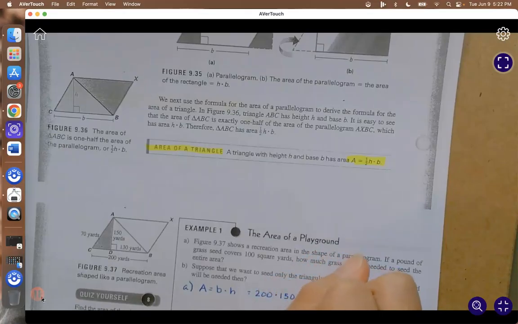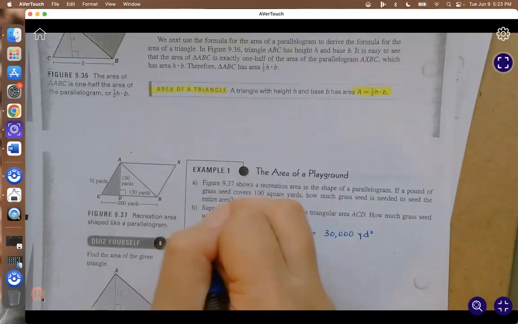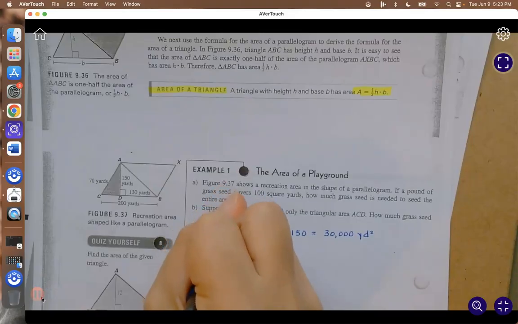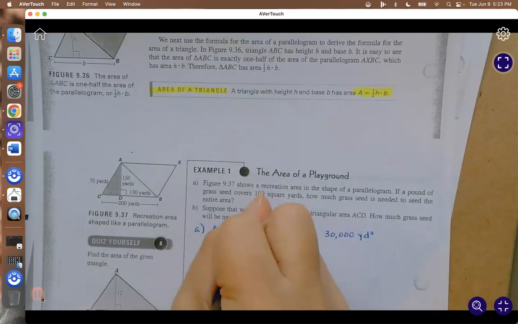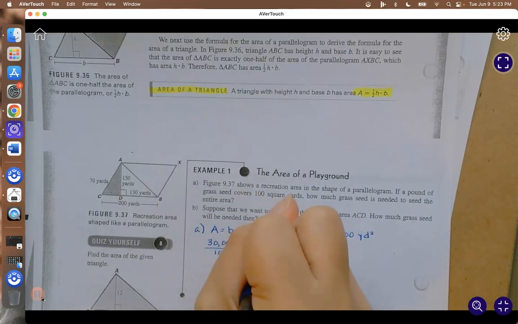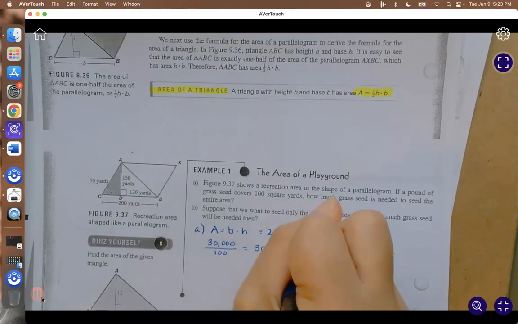So that's going to be 30,000 square yards. That's the area. Now it says 1 pound of grass seed covers 100 square yards, so we need to figure out how many pounds we need. So we take 30,000 and divide it by 100. That means we need 300 pounds of grass seed.